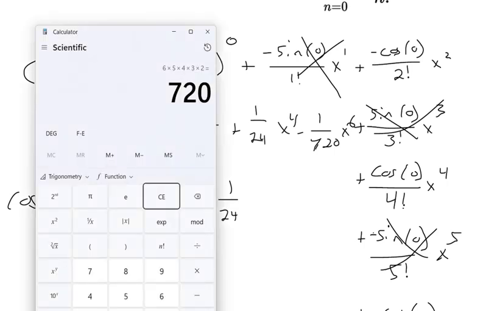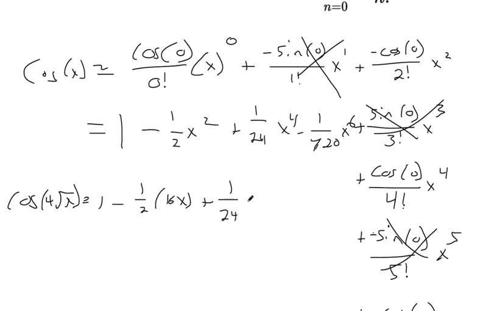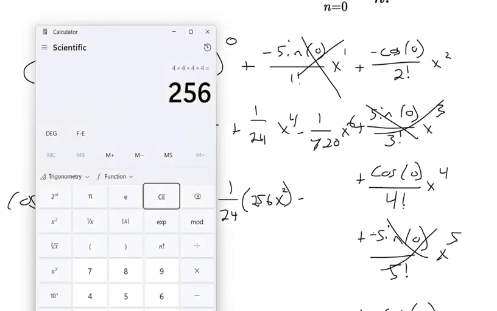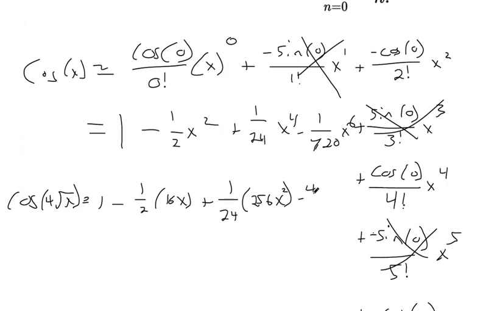So 4 to the fourth power, that's 256. And then square root of x to the fourth power is x squared, because powers on top of powers multiply. And then we got another subtraction. This is going to be 4 to the sixth power. So 4096. I'll put that on top of the fraction.